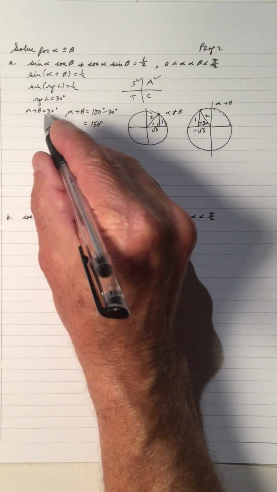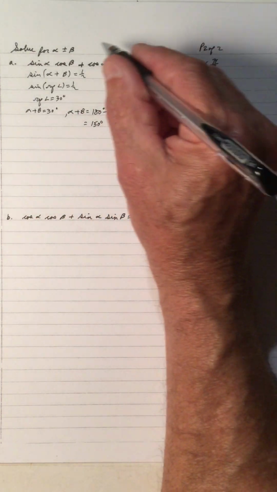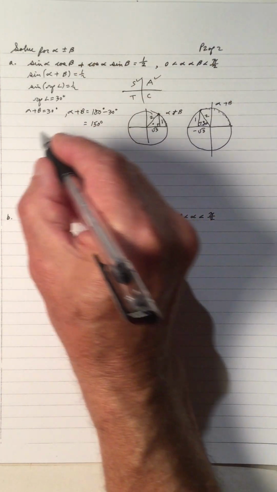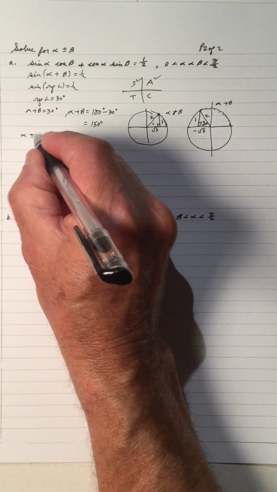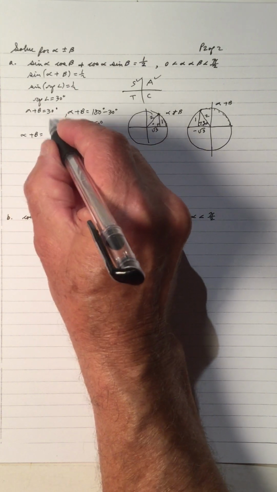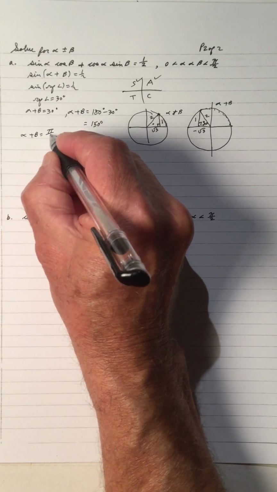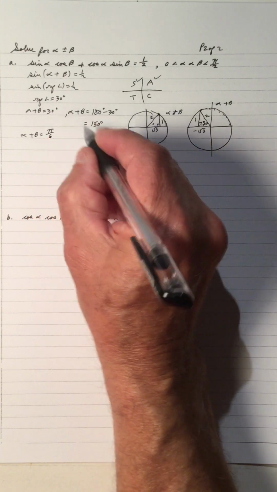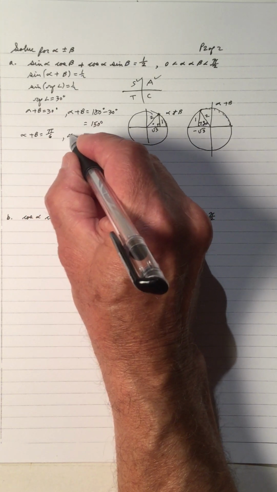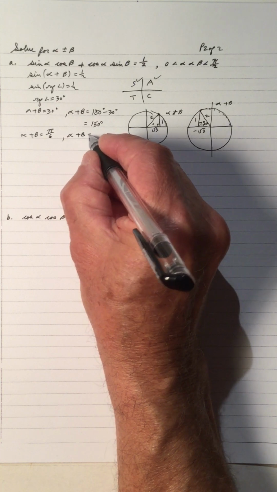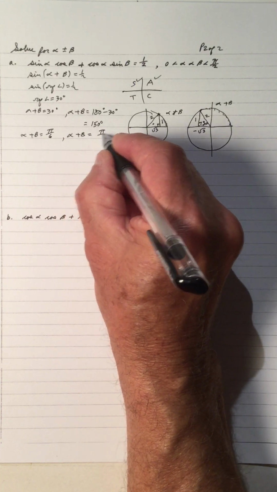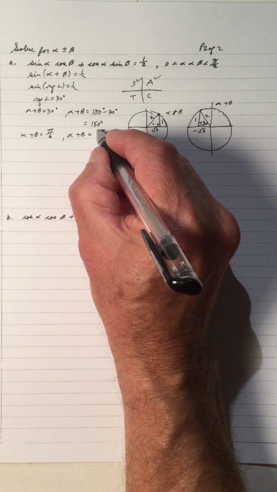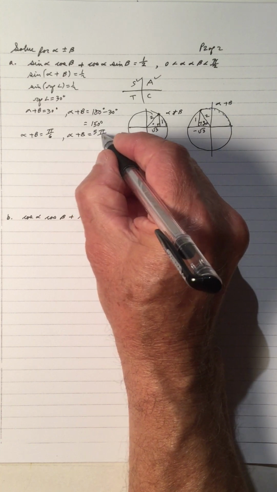We have it in degrees, but we didn't say what we wanted it in, so if we wanted radians, alpha plus beta: 30 is pi divided by 6, since 180 divided by 6 is 30. And 150 is pi over 6, but there are 5 30s, so 5 pi over 6.